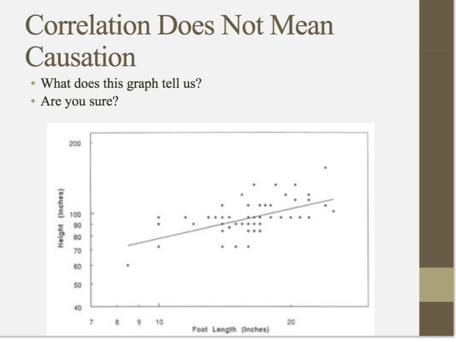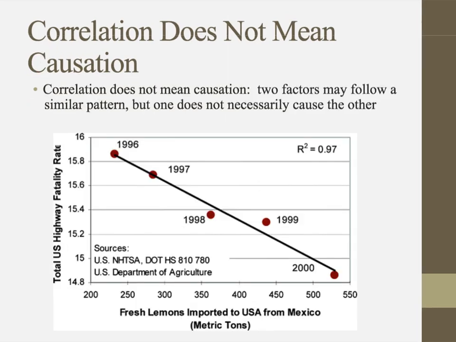It's easy to slip into the notion of saying that having a larger foot causes someone to be taller. We have to be very careful about using that word cause, because correlation, a relationship in variables, does not mean causation. In other words, two factors may follow a similar pattern, but one doesn't necessarily cause the other.